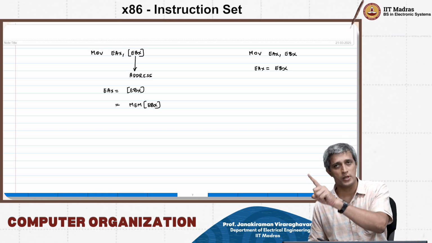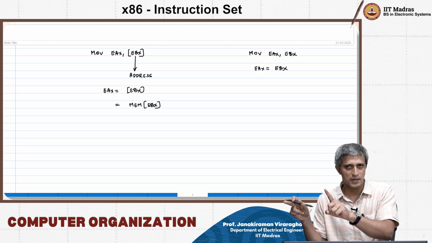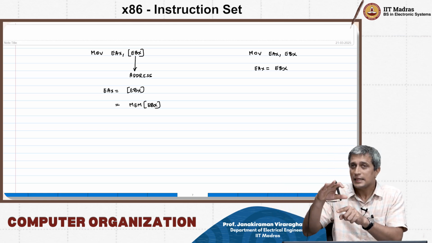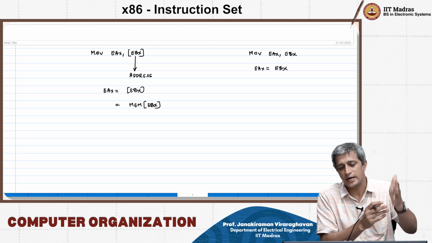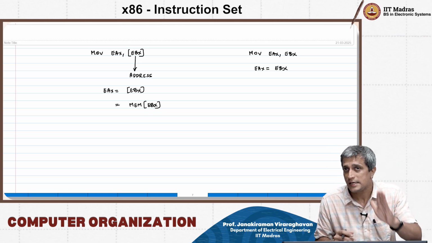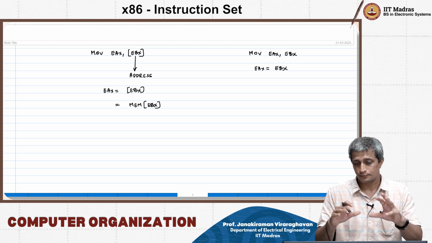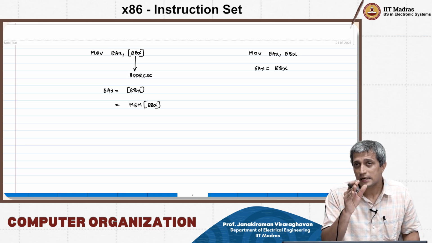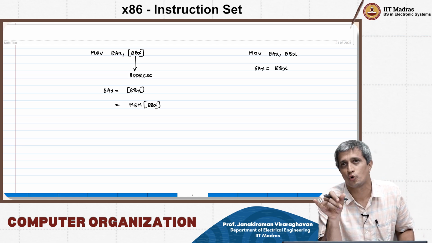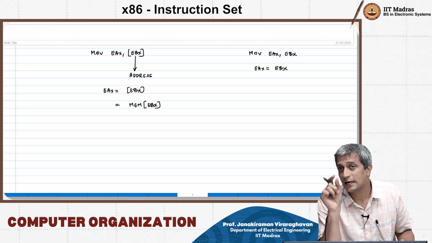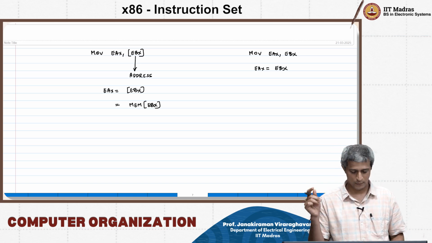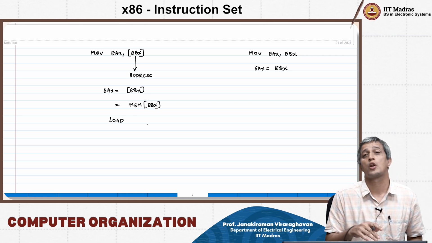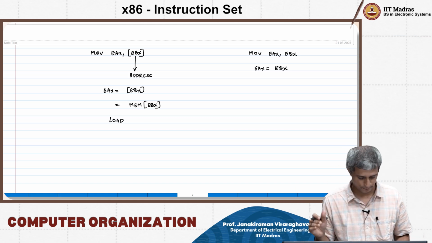EBX will first be put on the address bus, then you will assert the read, data will be read out of the memory onto the data bus, and then that information will get written into the register EAX. So here we are saying that whatever the register is storing needs to be treated as an address and not data. This is what we call the load instruction, because you are loading from the memory.